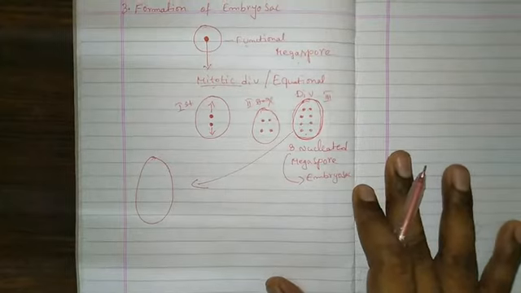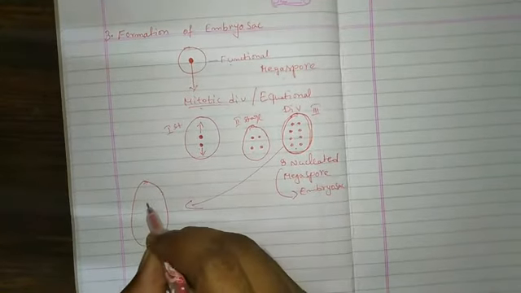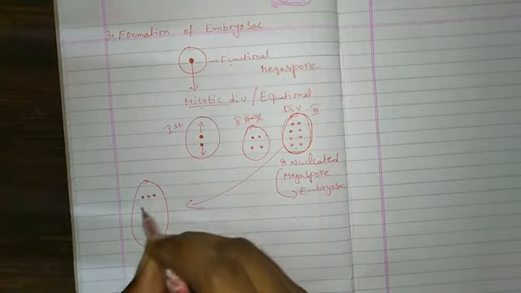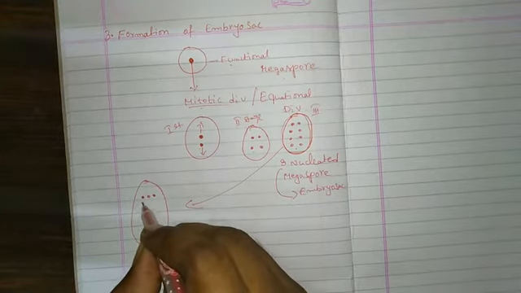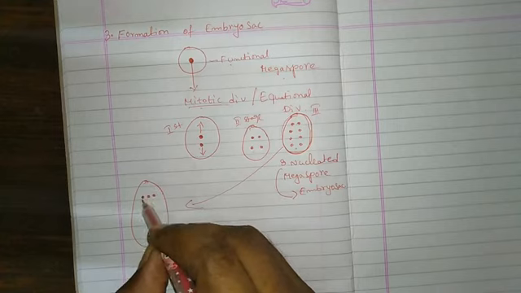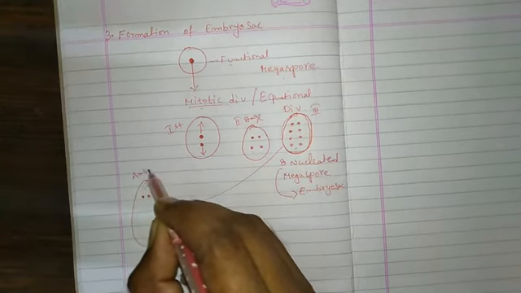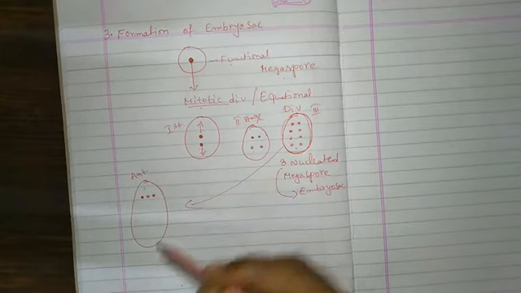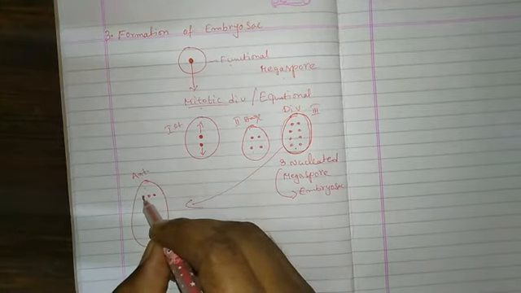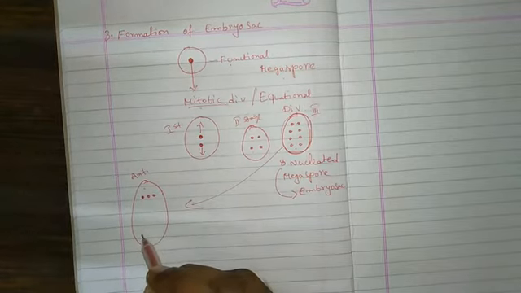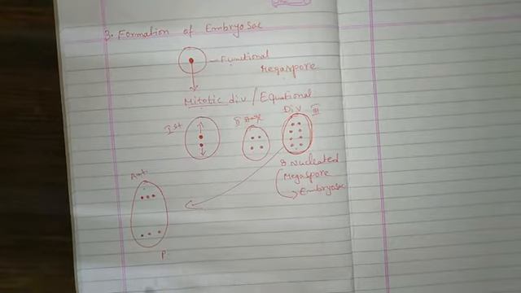8 nuclei are there. So here see, 3 nuclei move towards the anterior direction, and 3 nuclei move towards the posterior direction.